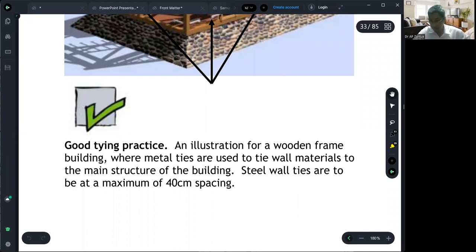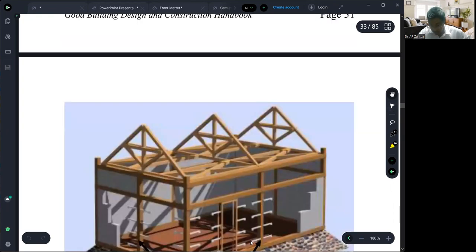The ties are at maximum 400 mm spacing, center to center distance. If you measure this one up to that one, it is 400 maximum. This one up to the next is 400. 400 mm maximum.